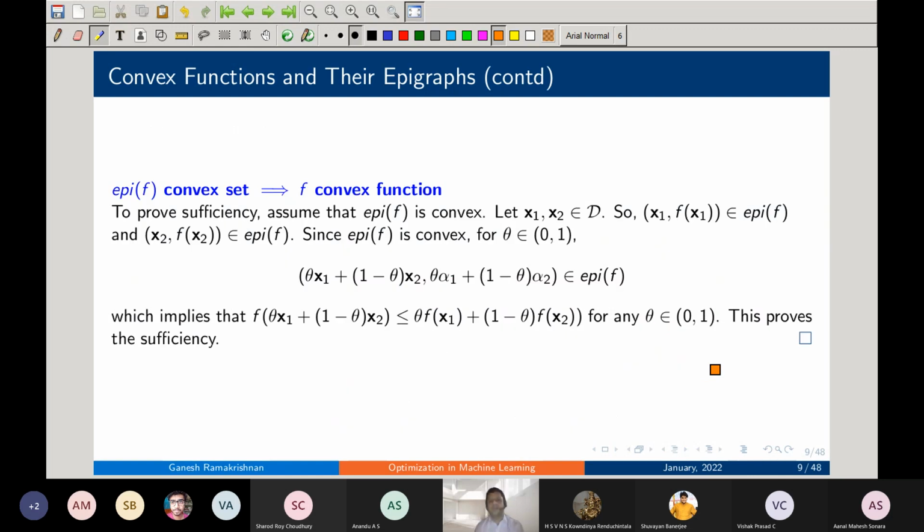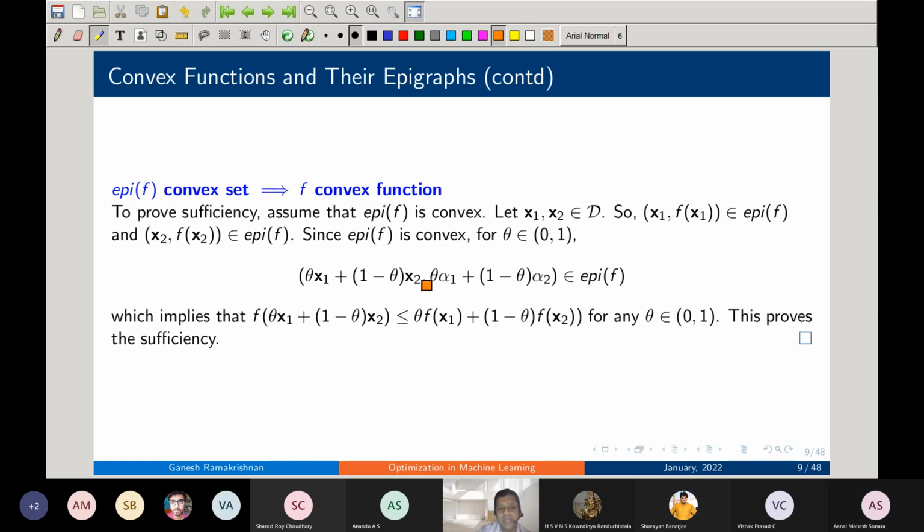Sufficiency: you want to prove the other way, that if the epigraph is convex, then the function is convex. That's also very simple. Since epi f is convex, we know this combination lies in it, which means that f of theta x1 plus 1 minus theta x2 is less than or equal to theta f of x1 plus 1 minus theta f of x2.